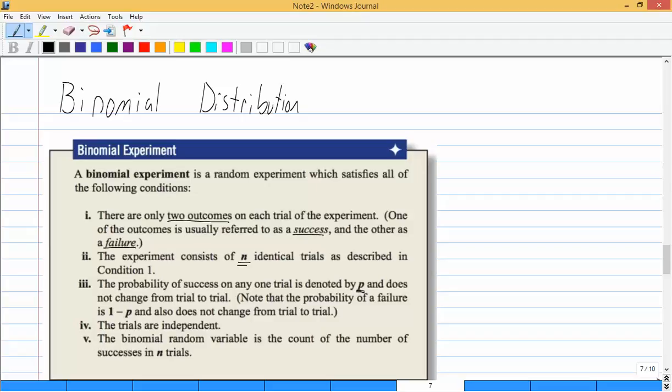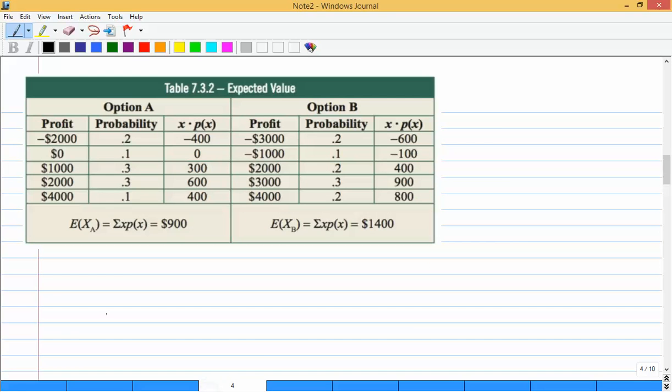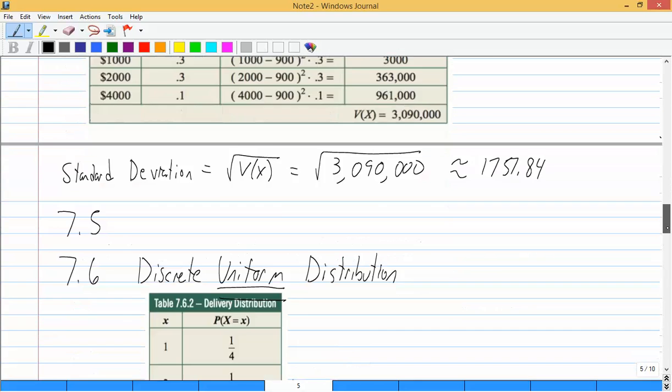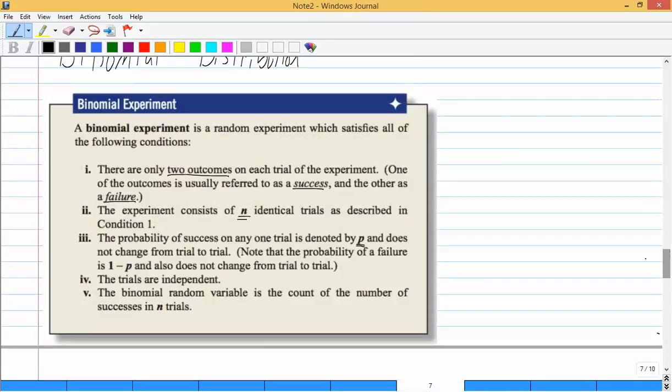Now, your book here does something different from other textbooks that I've used. Generally, if you look up a binomial probability distribution formula, you may see the failure written as what it has in your book, but I would be willing to bet that more times than not, you'll see it written another way.